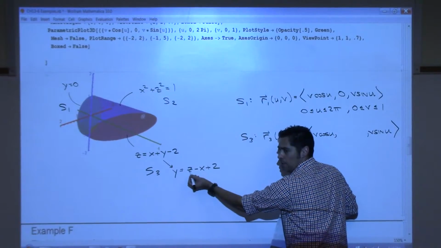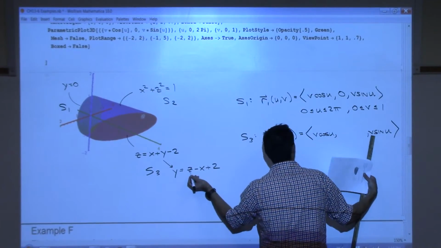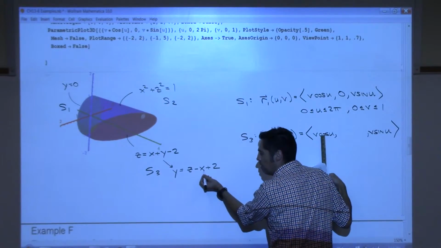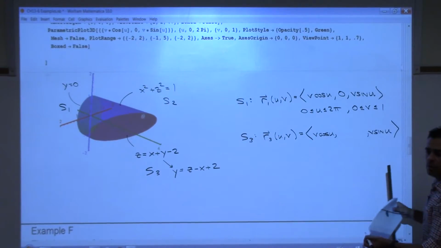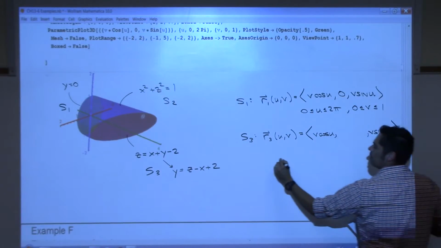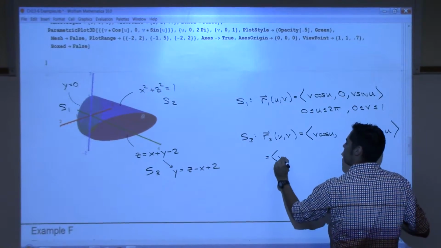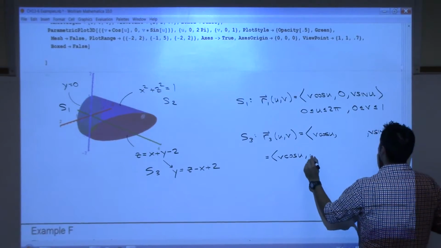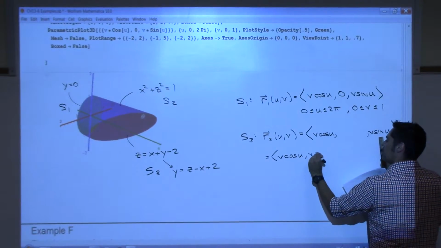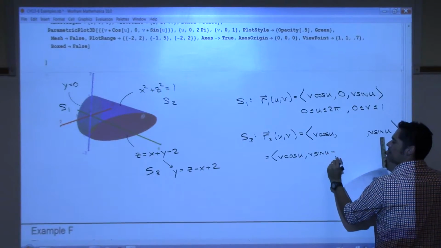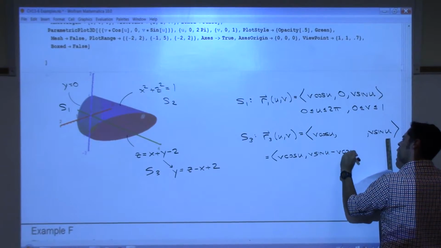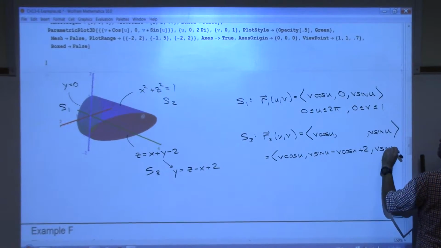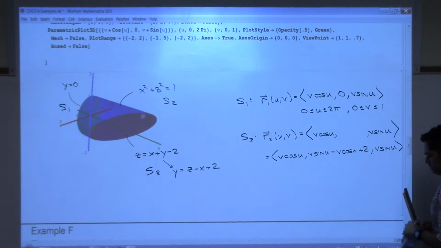But what's my z coordinate? V sine u. Minus what's my x coordinate? V cosine u, plus 2. So right in here, I'm going to need a little more space. This should be v cosine u, that's the x. The y is z, v sine u, minus x, v cosine u, plus 2. And then v sine u. Do you all see that?